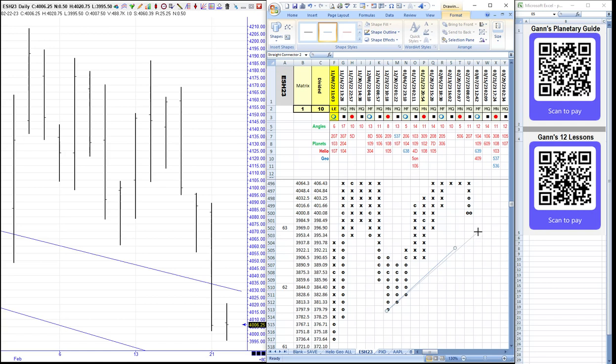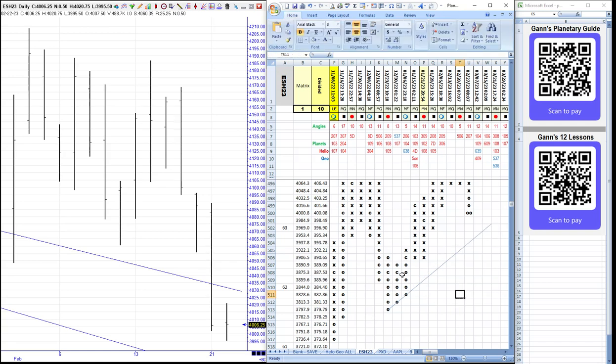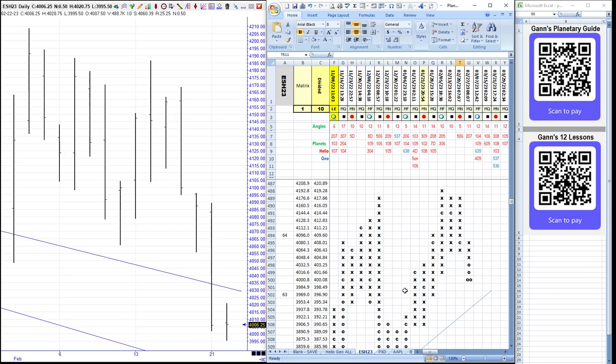That's your average of speed. You can see it's hit it a couple times already. And of course, you can draw them on the way down. You can actually draw the actual trend line. And again, trend lines are meant to be broken.